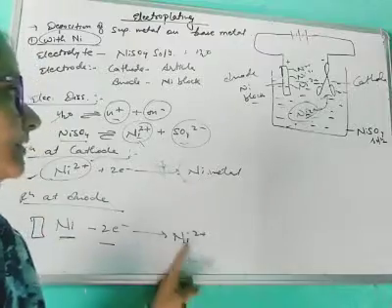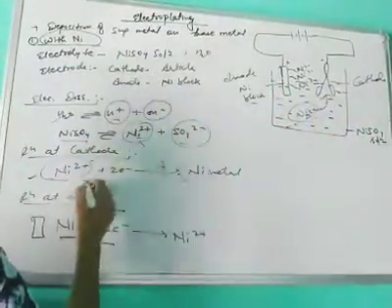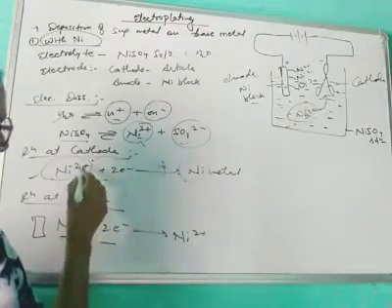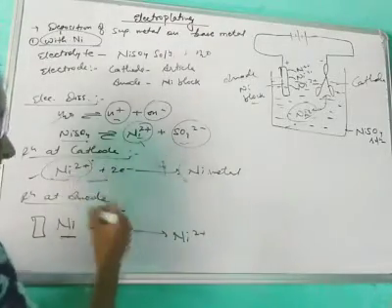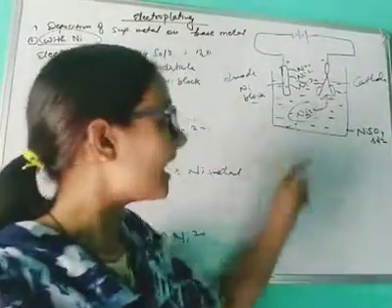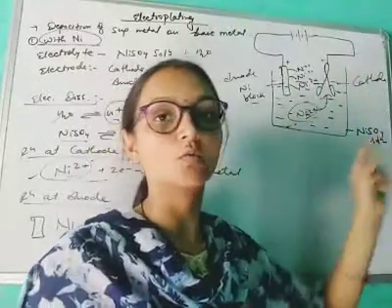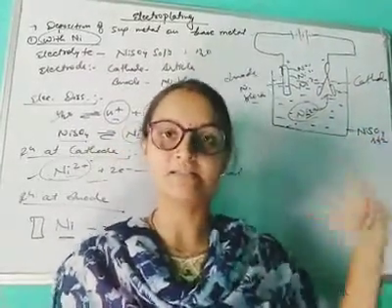This cation will migrate to the cathode, gain 2 electrons and become Ni metal. So this is how the Ni metal will be electroplated over the article, over the scissor.